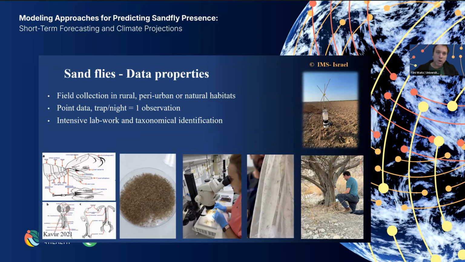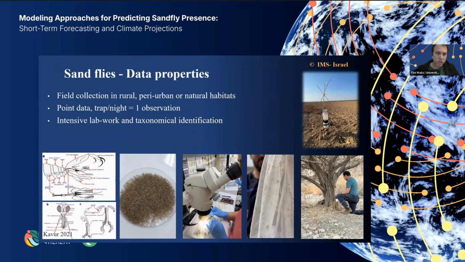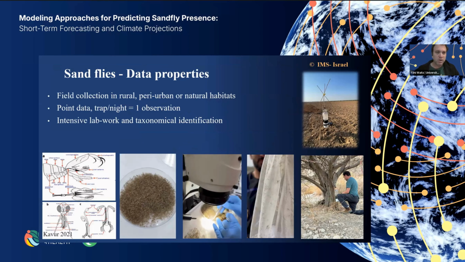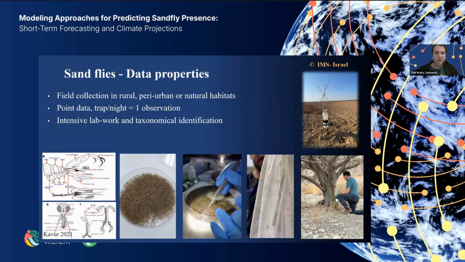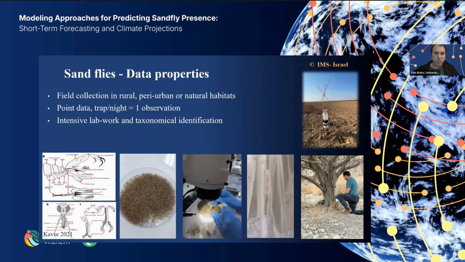So how do we know what we know about sandflies? This all starts in field collection. Suzana mentioned the amount of fieldwork that was done during the project. This is just one example of the study sites from Israel.